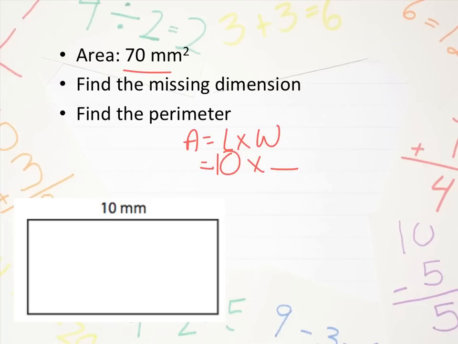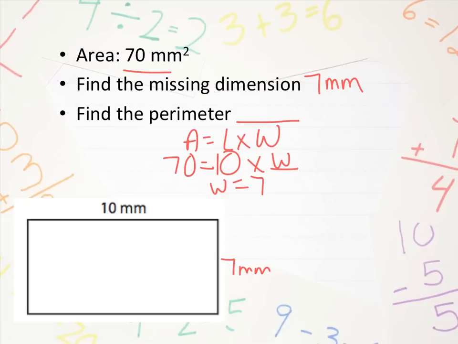And the area is 70 square millimeters. So 10 times what is 70? And because I know my multiplication facts, 10 times 7 is 70, giving me a missing dimension of 7 millimeters.